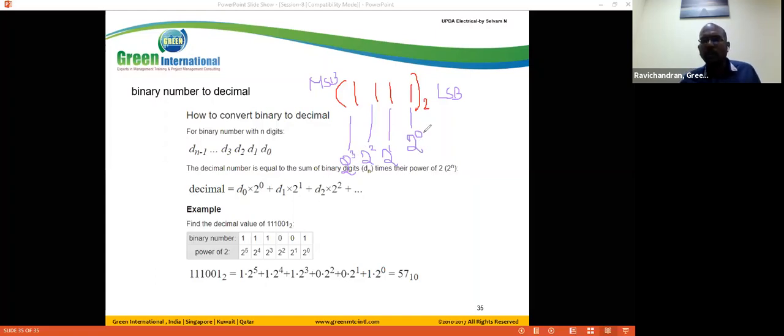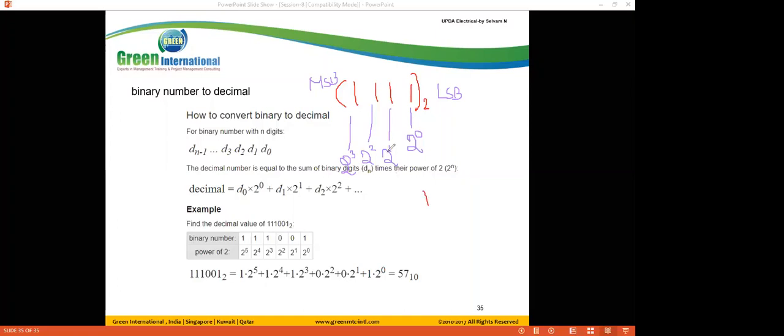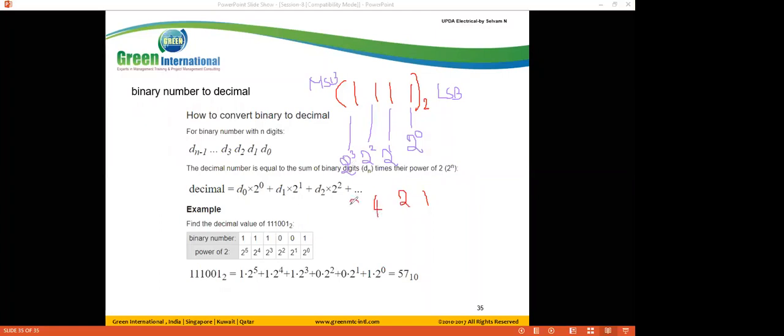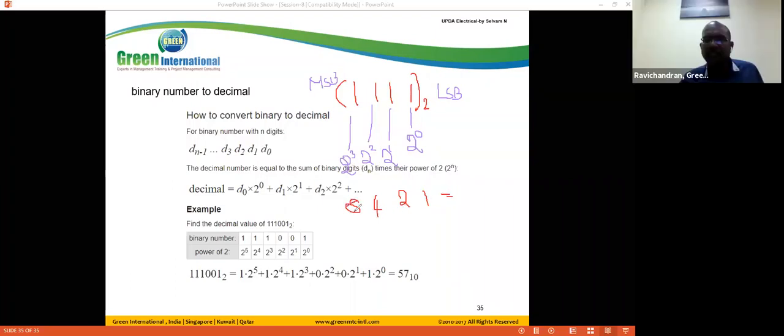So 2 power 0, anything power 0 is 1. 2 power 1 is 2, 2 square is 4, 2 cube is 8. Add these numbers: 8 plus 4 is 12, 14, 15. So now we have converted the binary number to a decimal number.